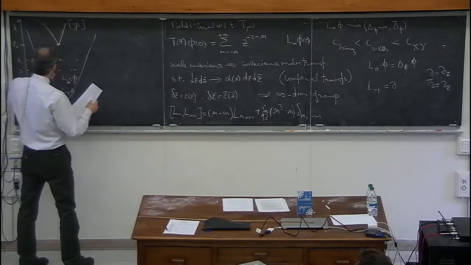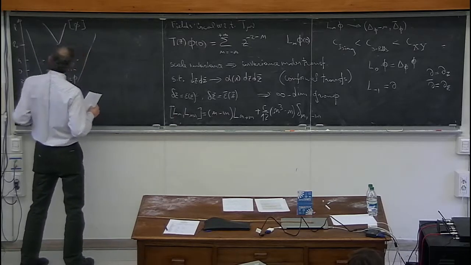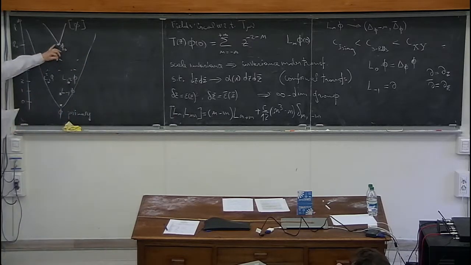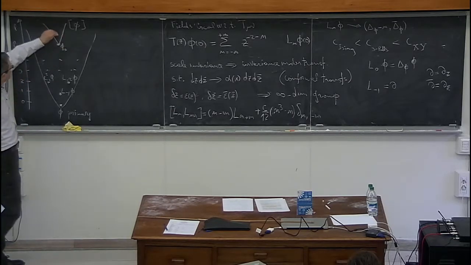Okay, starting with some field phi 0, which acts as a primary for a new representation contained into this one. Now, the technique here is that you can make this representation irreducible, factoring out this piece.